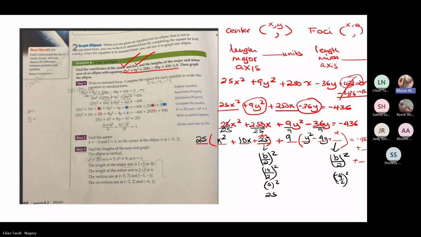Over 2 is -2, and -2 squared equals 4. Up to here we are good? Yes. What are the numbers you added? 25 and 4. They should be in parentheses.